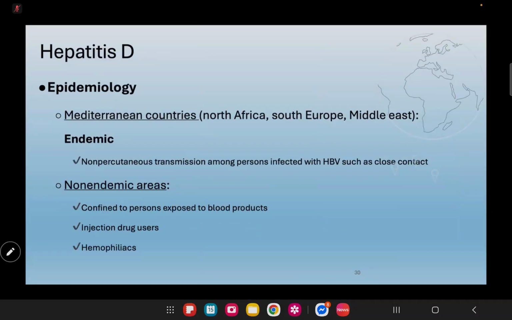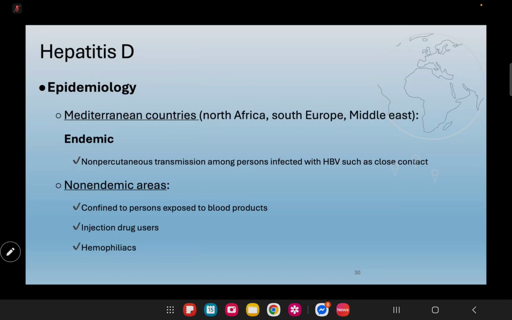For the epidemiology, hepatitis D infection is more common in certain parts of the world. It is endemic, no? Endemic in Mediterranean countries, like Southern Europe and the Middle East. While in non-endemic areas, it is usually seen among those with injection drug use, and in hemophiliacs, patients with hemophilia who receive contaminated blood products during transfusion.